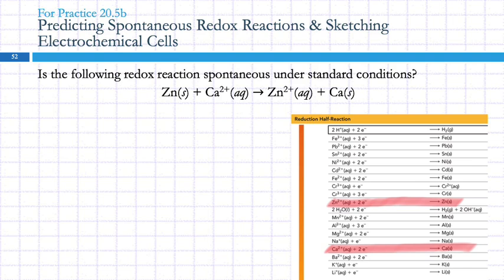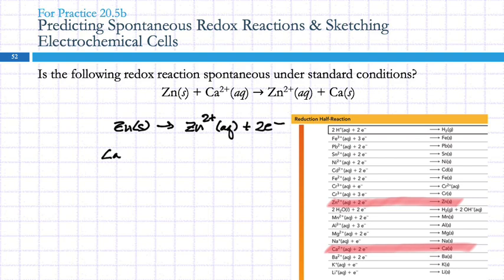So for the reaction to be spontaneous, this one needs to happen as written, and this one needs to be backwards. Is that what we have going on here? No, it isn't. But let's write it out just so it's easier to see. So we have zinc solid going to zinc aqueous plus 2 electrons.